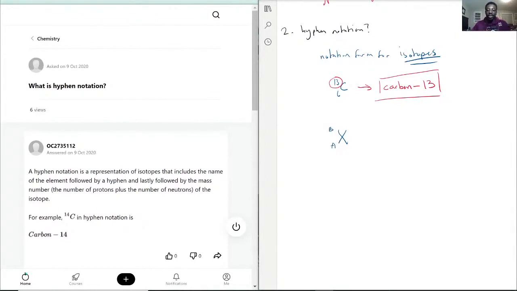The hyphen notation for this would just be X, I guess, full name, hyphen B. We're going to call it variable X. Think of that as the full name for X. Variable X dash B. This will be a structure here for its hyphen notation.